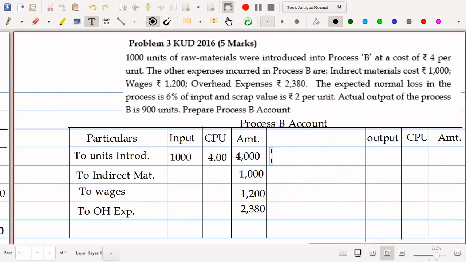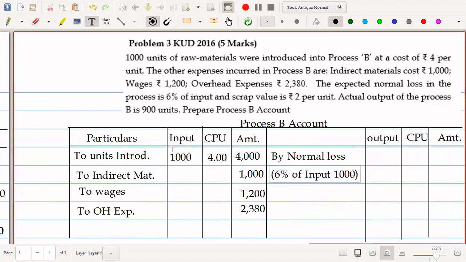And on credit side, by normal loss. So what is the normal loss? 6% of input. It's given in the problem here. That is 6% of input, that is 1000 units.